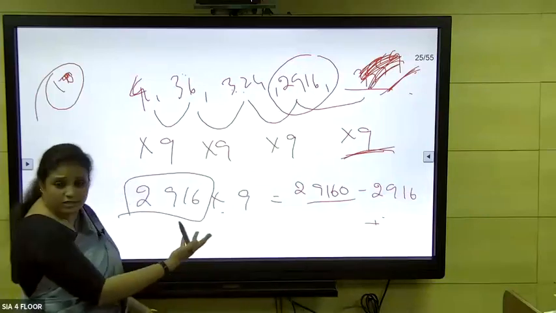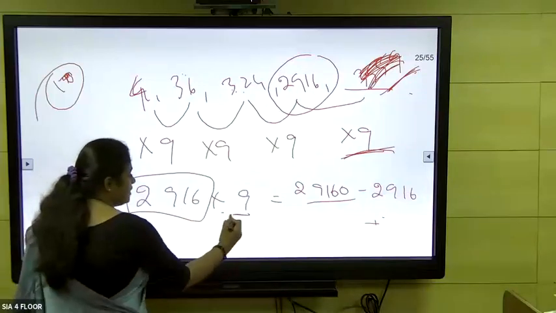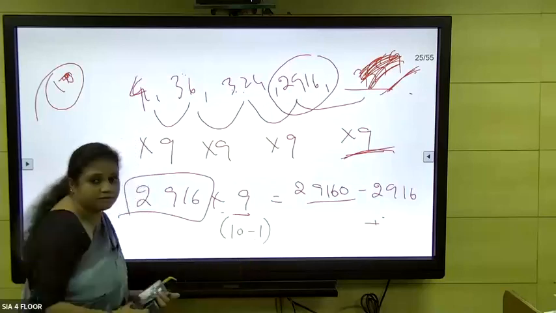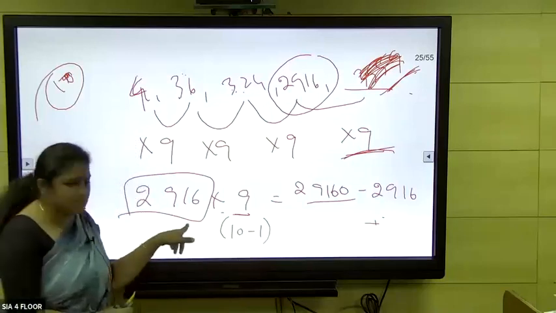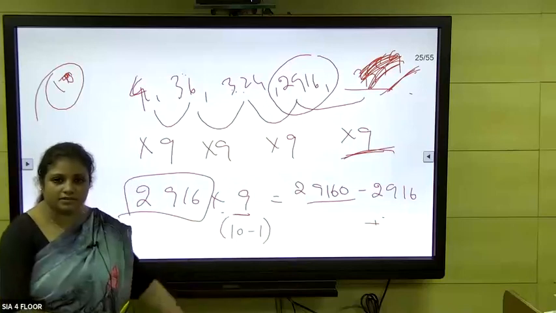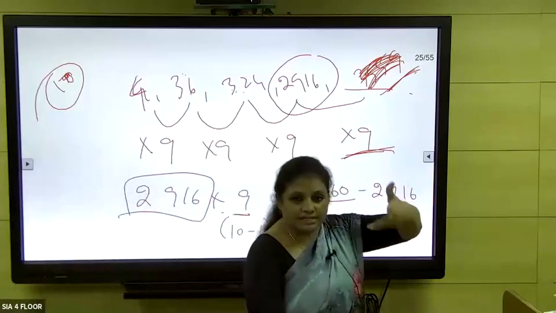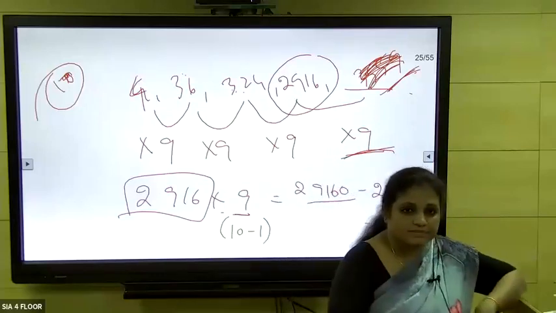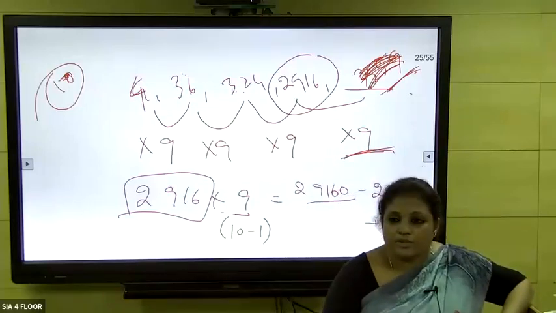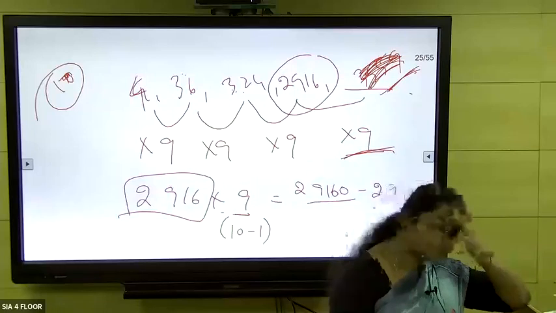What this means is 9 is nothing but 10 minus 1, right? So you can just add a 0 and then subtract the same number again. Instead of doing the direct calculation, this would be a little easier. Let me know what option is right.